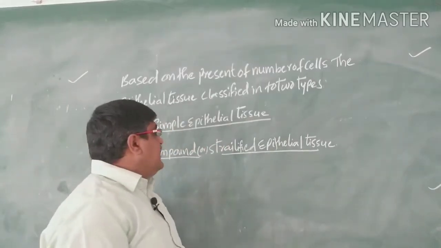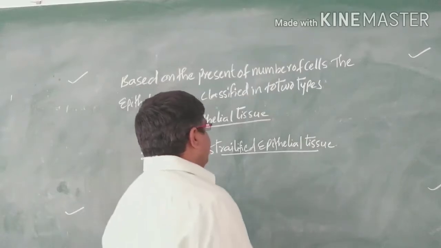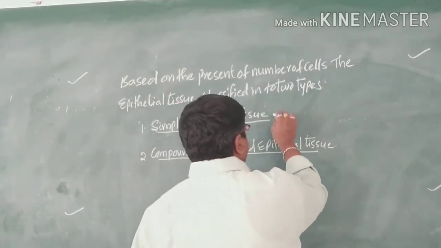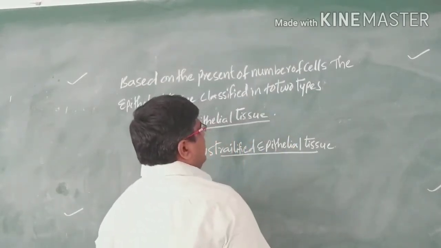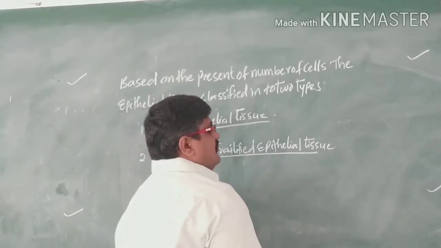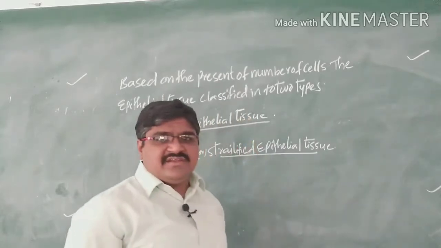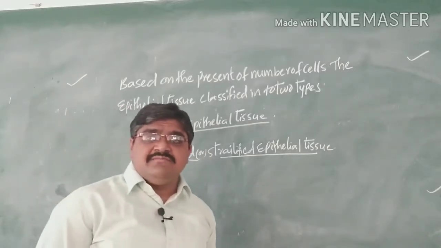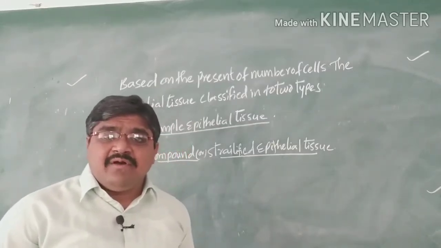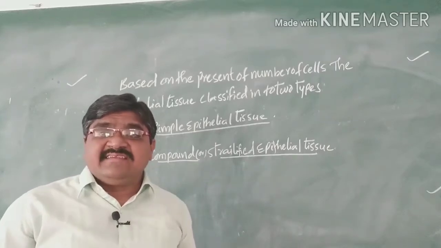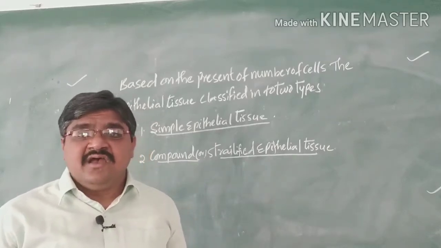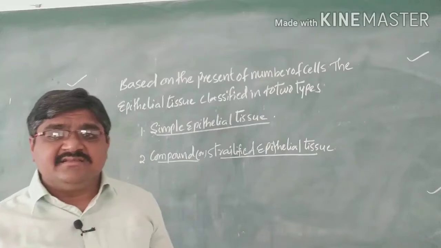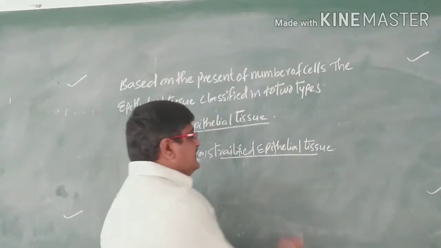A simple epithelial tissue has only one type of cell. If only one type of cell is present on the basement membrane, then it is called a simple epithelium.